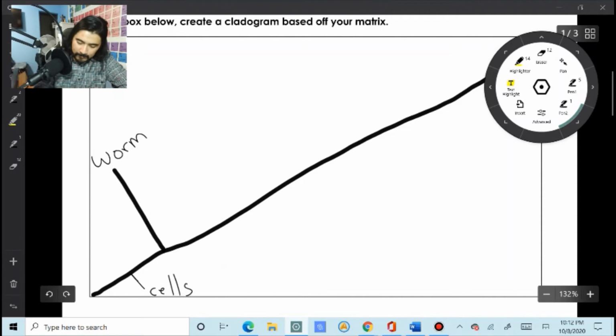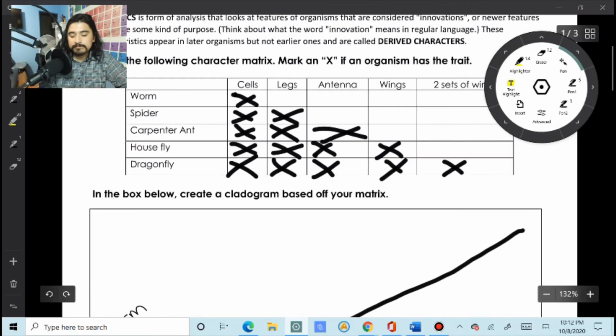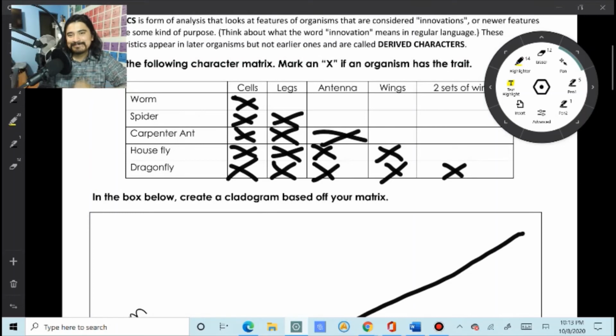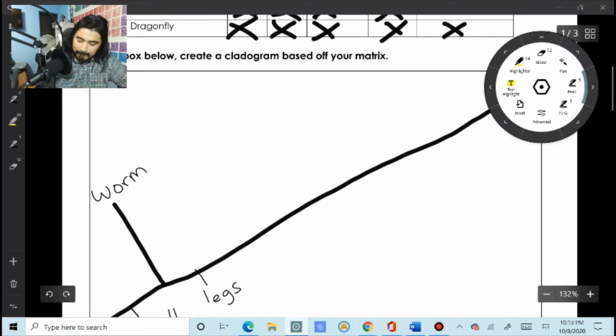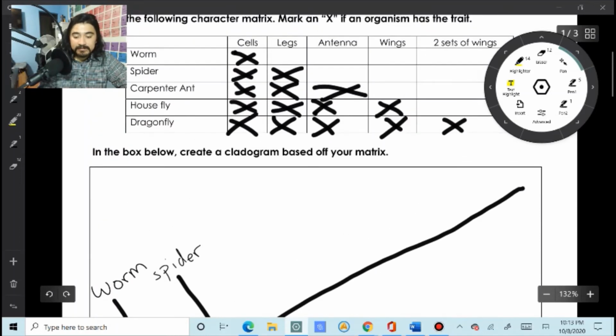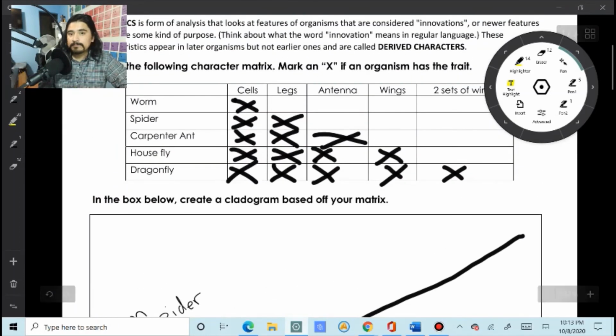So let's do that. Now we know that legs are the next characteristic. Which organism is going to follow? The spider. Since the spider is the next developed organism, spiders are going to be next up in our tree. So what is our next characteristic following legs?